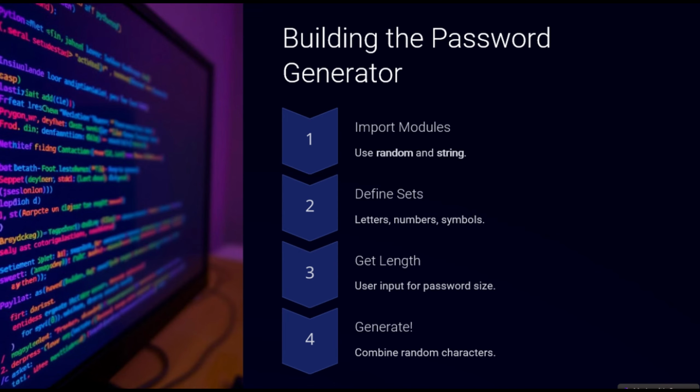First we should import the modules, the random module and the string module, and then define the letters, numbers, symbols, and ask the user whether they want to include the letters and numbers. If they want, they can include them, otherwise they can omit them. Get length.